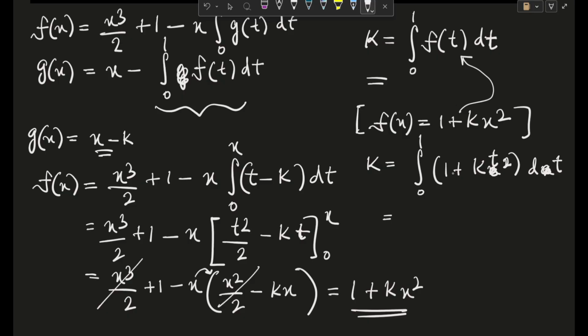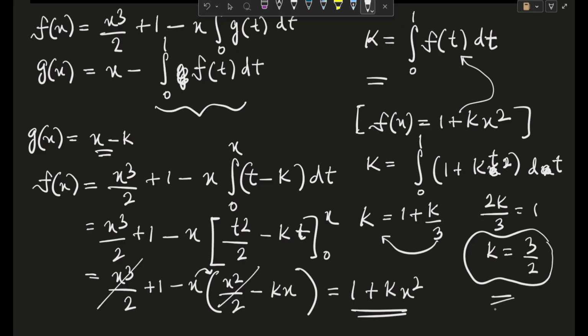So this thing actually becomes t plus kt cube, from 0 to 1. So k equals 1 plus k by 3. So 2k by 3, bringing this to the left hand side, is equal to 1. So k becomes equal to 3 by 2.